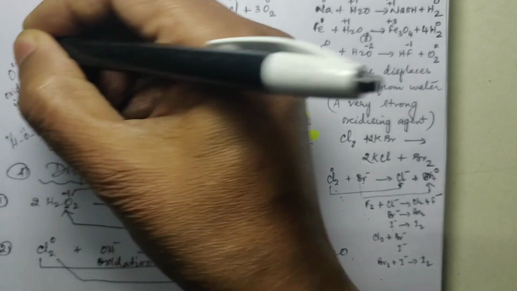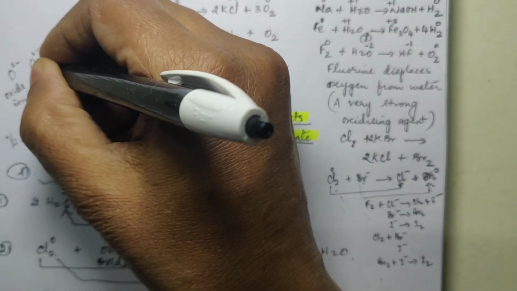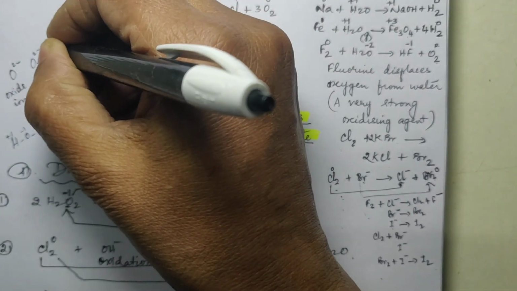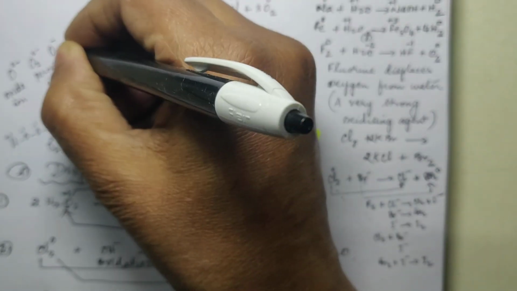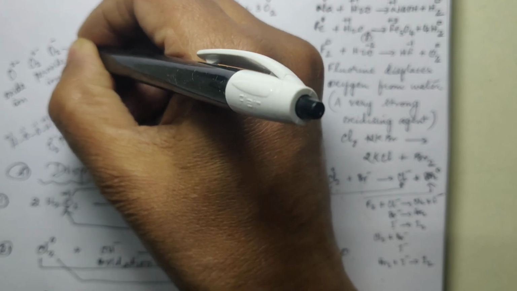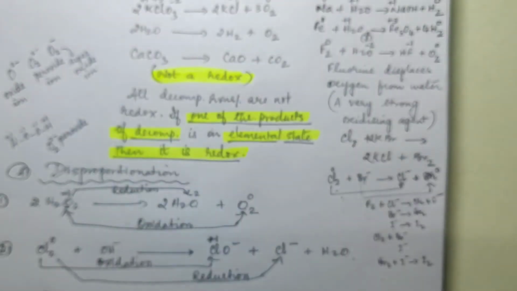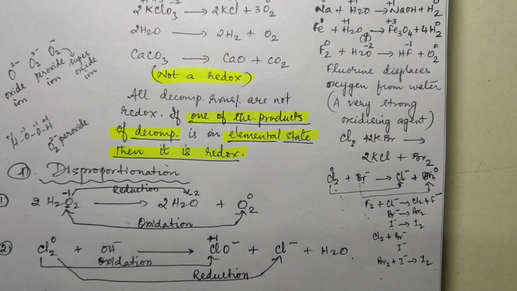O2 2 minus is called peroxide ion. And O2 minus is called superoxide ion. Okay, so here it is peroxide.